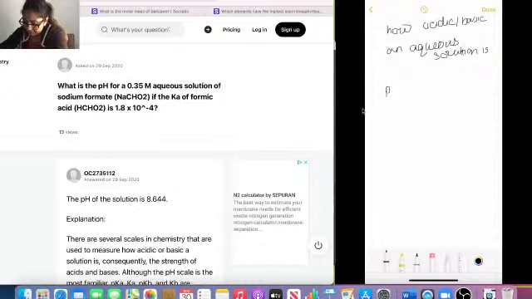So your pKa and Ka, these are for your acids. Your pKb and your Kb, these are for your bases.